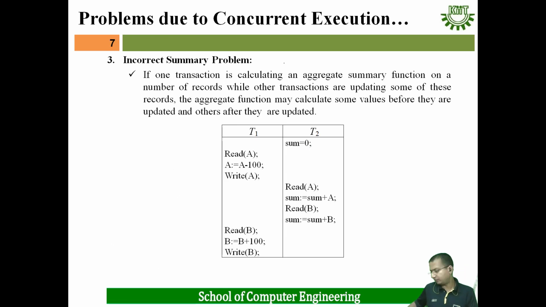Now we see the incorrect summary problem. Suppose two transactions T1 and T2 are there. One transaction is transferring 100 rupees from account A to account B, and another transaction is calculating an aggregate or summary function, the sum of the contents of account A and account B. What happens if some of the updation tasks of T1 have executed, and after that the summary instructions get executed?